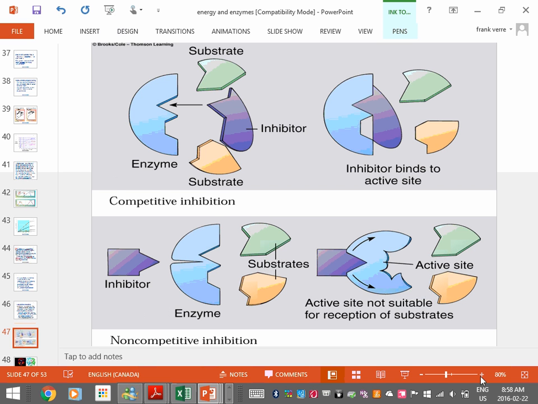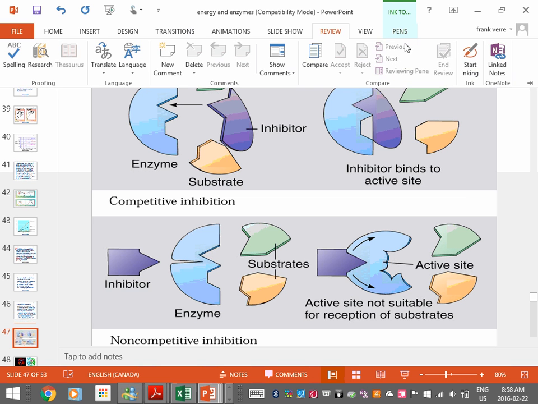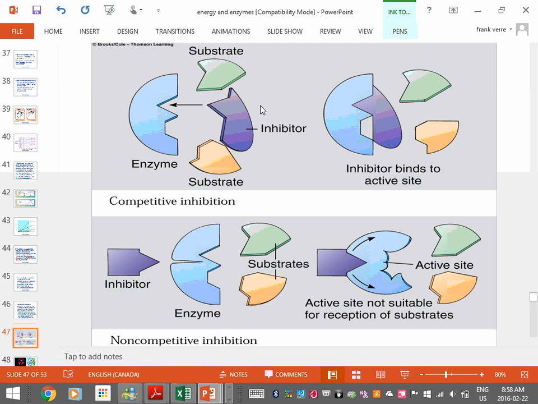Just by looking at it, the competitive inhibitor looks pretty logical. Why does a competitive inhibitor slow down or stop the reaction rate? Why? Look at it. What is it doing? Where is it going? What do we call this site here where the substrate goes? It's called the active site. What do you notice about what it does?